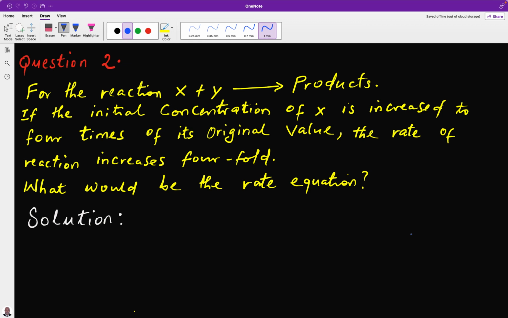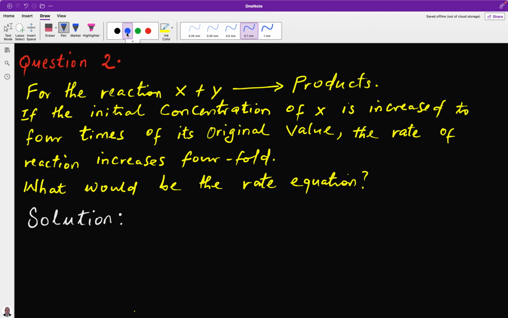Question number 2. For the reaction X plus Y to give the products, if the initial concentration of X is increased to 4 times its original value, the rate of reaction increases fourfold.